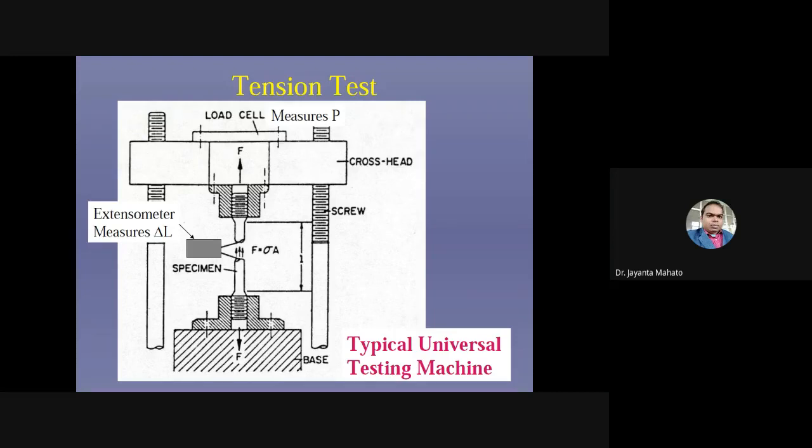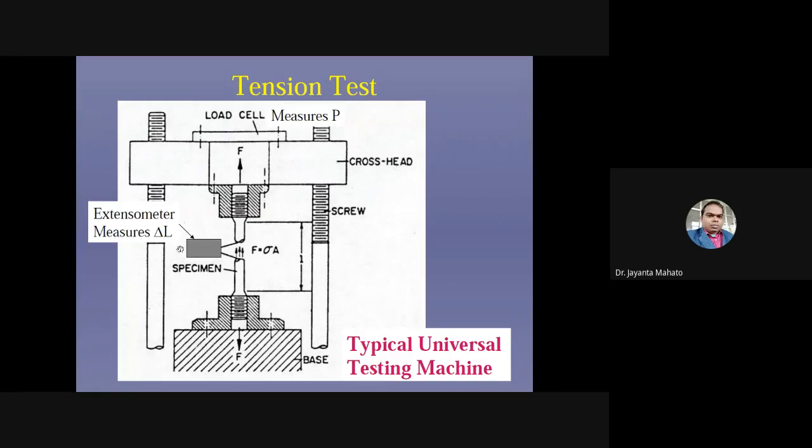Suppose 5 mm per minute, the crosshead can travel downwards. So this is the position control mode.